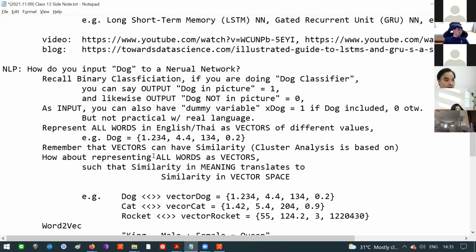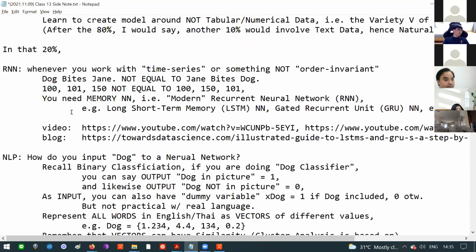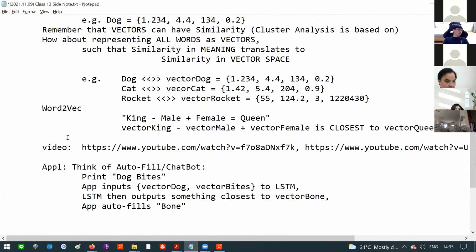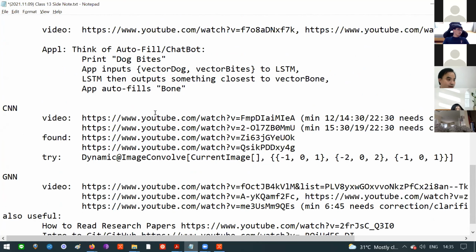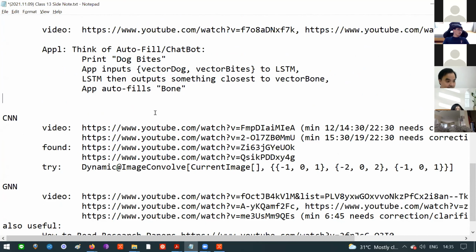Maybe not LSTM, but certainly earlier RNN. But this thing, CNN, is the most important thing that happened. What does CNN stand for? Convolutional neural network.